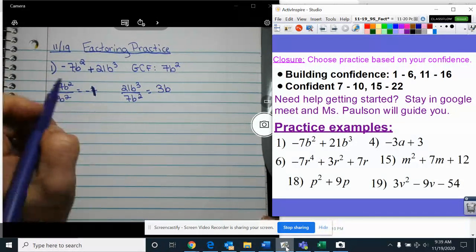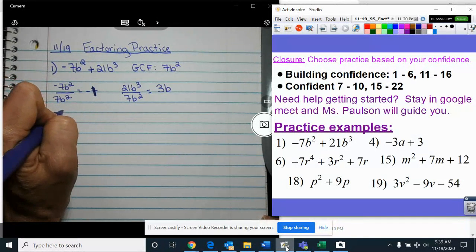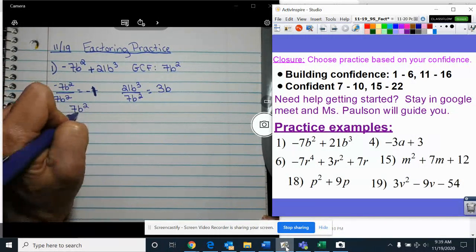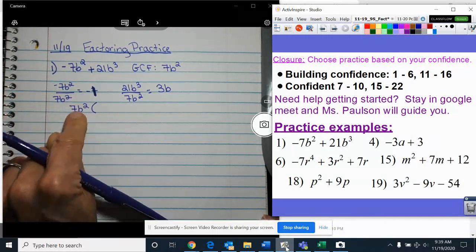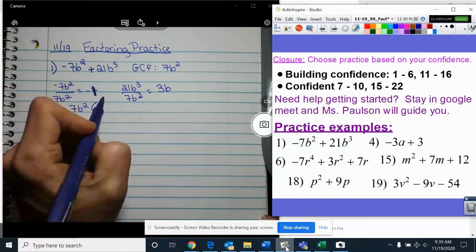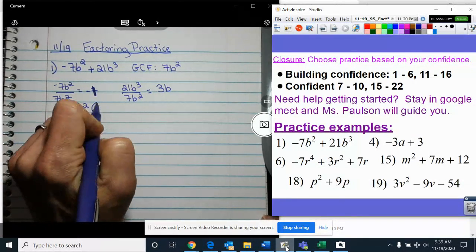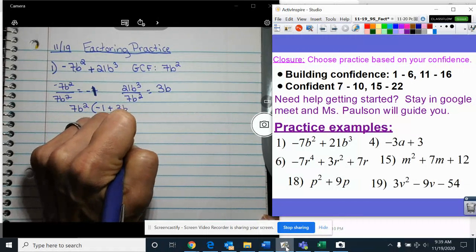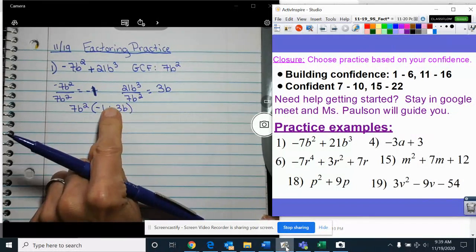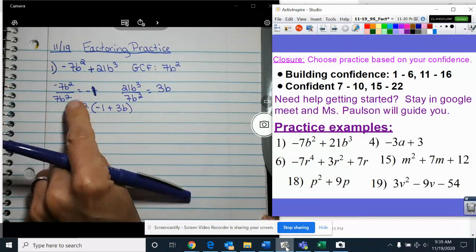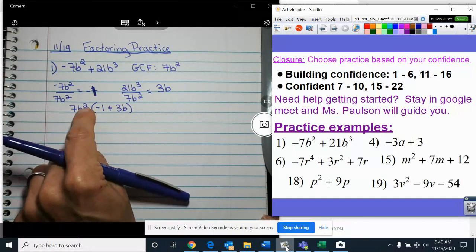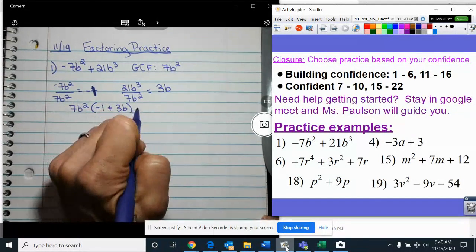So when we put this all together, we have 7b squared outside of our parentheses. And then we write the result of the division inside. And we can always check our answers by distributing 7b squared times a negative 1.